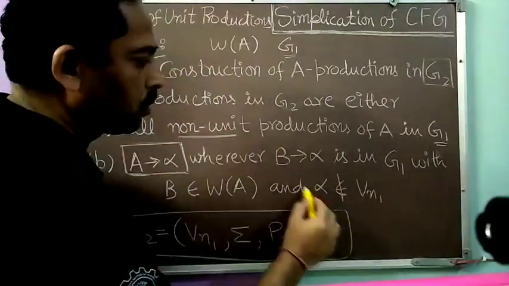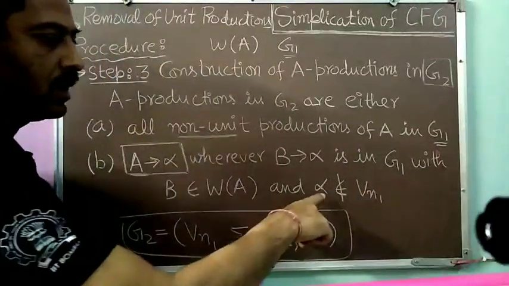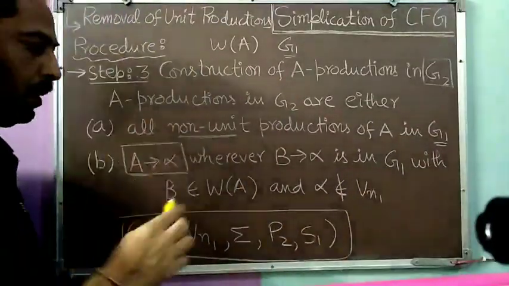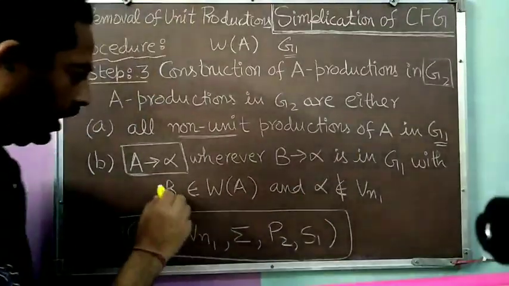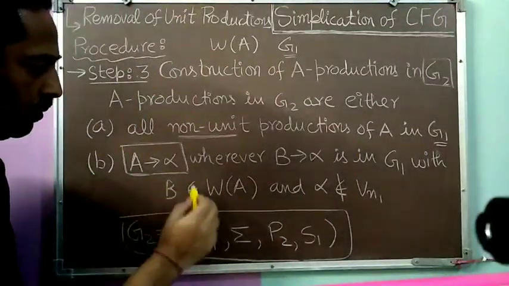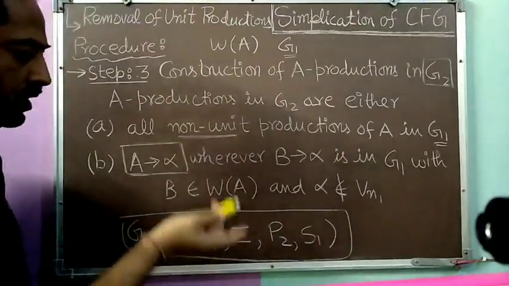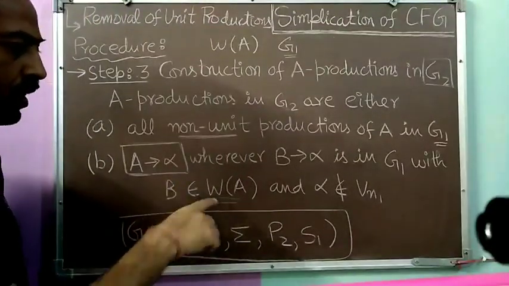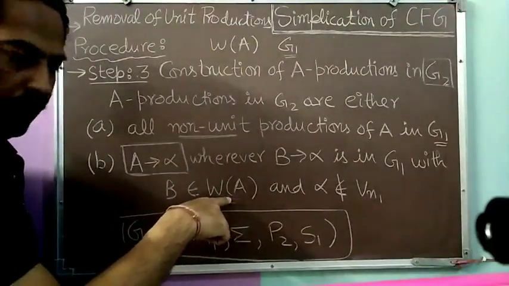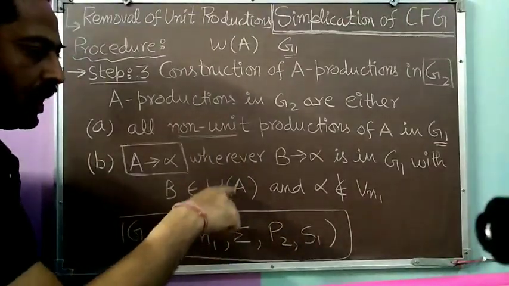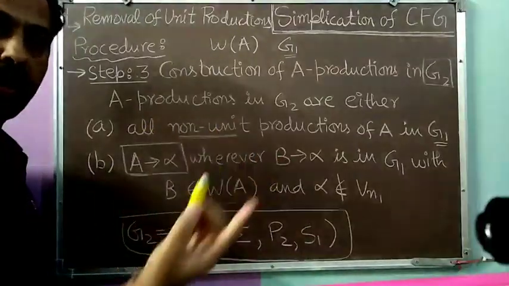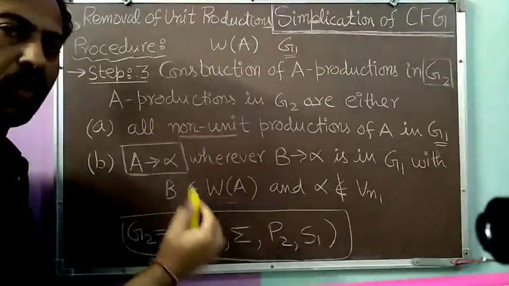When we say alpha does not belong to V_N1, it means the right hand side of the production cannot be a variable. And B belongs to W(A) means the variables present in W(A), all the variables which are derivable from A only through unit productions.